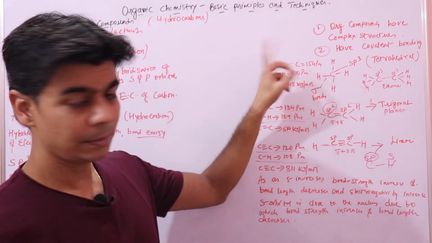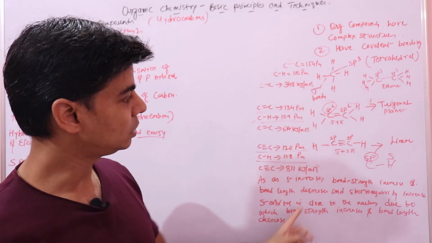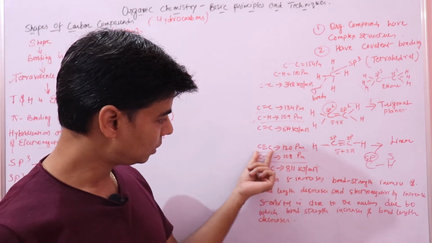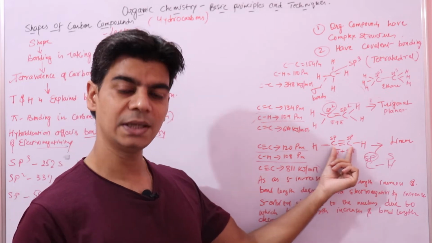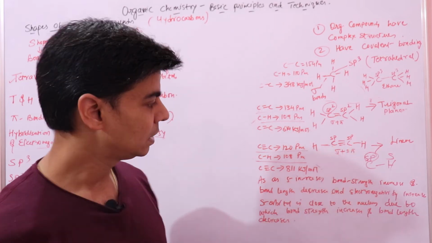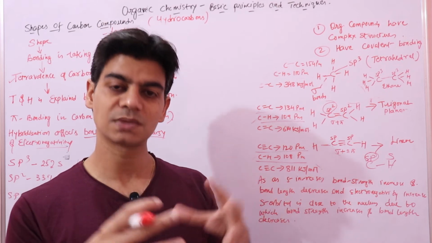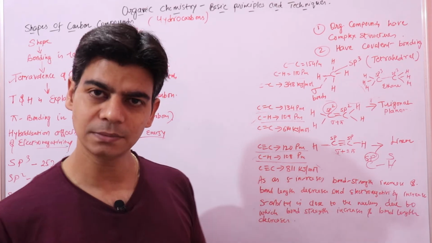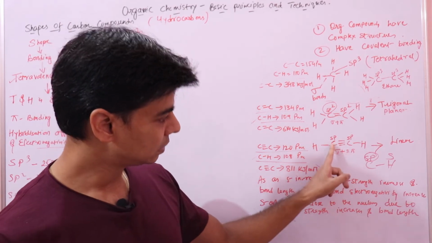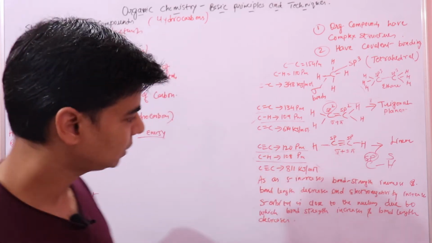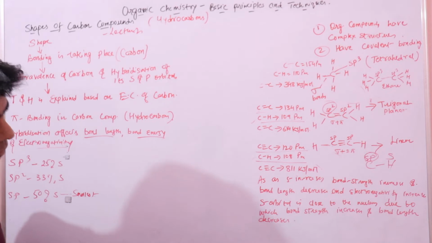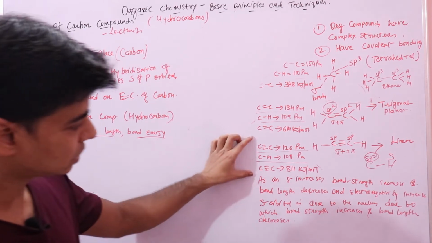Similarly, the same explanation holds for carbon-carbon bonds, right? If you look at this bond, it is made from sp hybridized carbon atoms. sp hybridized carbon atoms are smaller due to maximum s character, so due to that, this carbon-carbon triple bond is smallest, right? Now there's one more explanation for these shorter bonds.